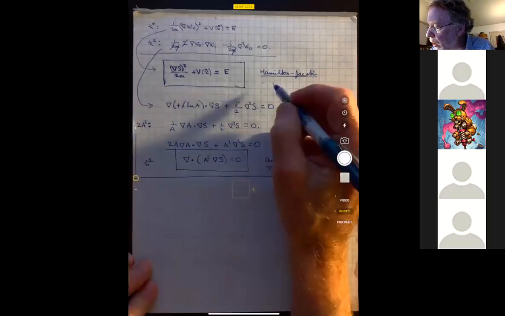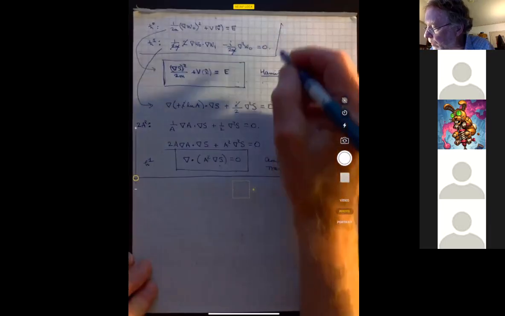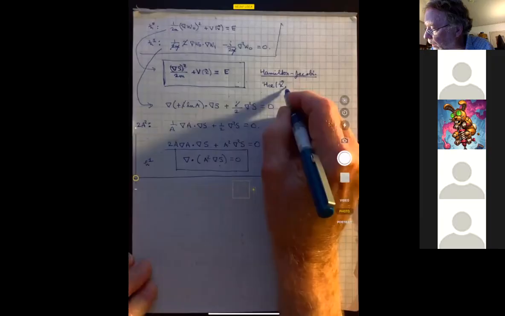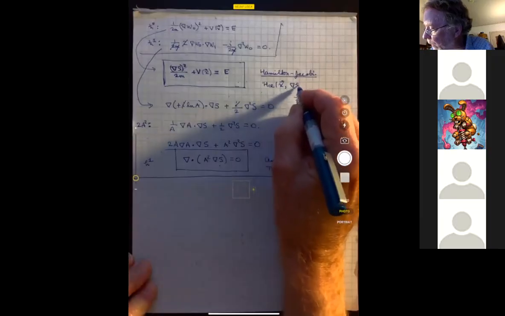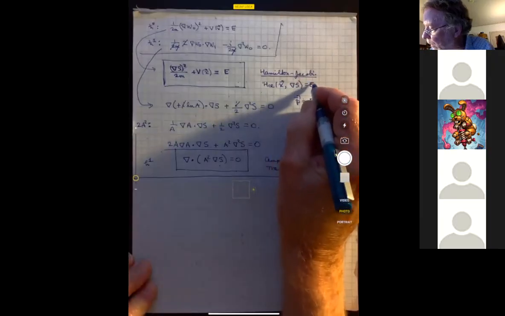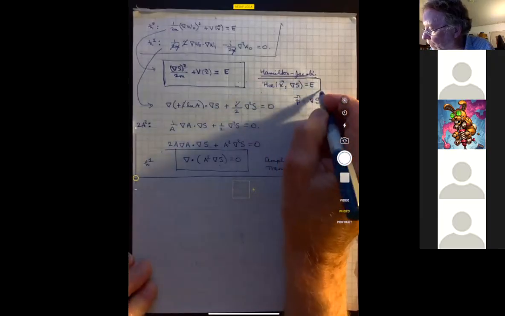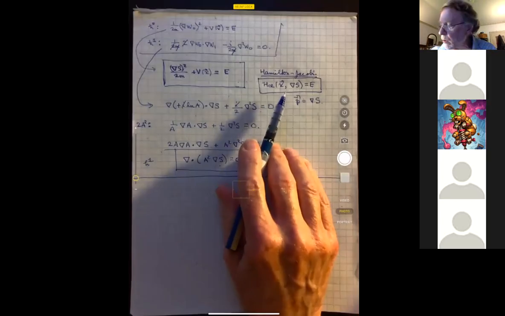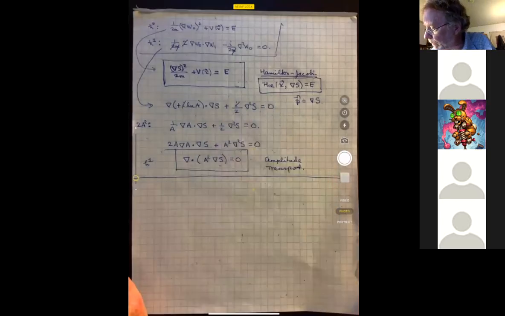In fact, the Hamilton-Jacobi equation is sometimes written this way: you take the classical Hamiltonian, in the x slot you just put in the x variable, in the momentum slot you put in the gradient of S, and you set that equal to E. And for more general Hamiltonians, this is how it always turns out to be.